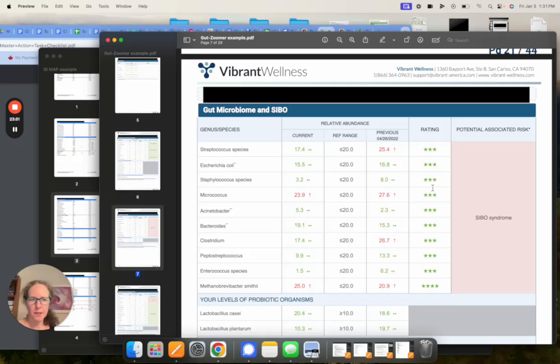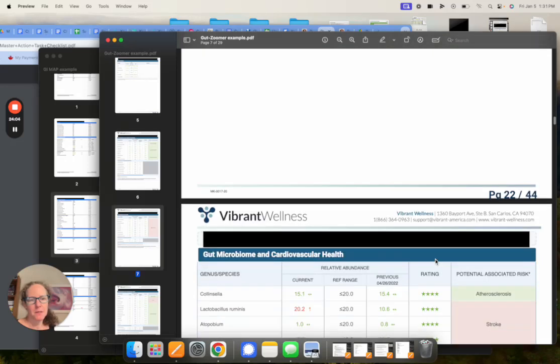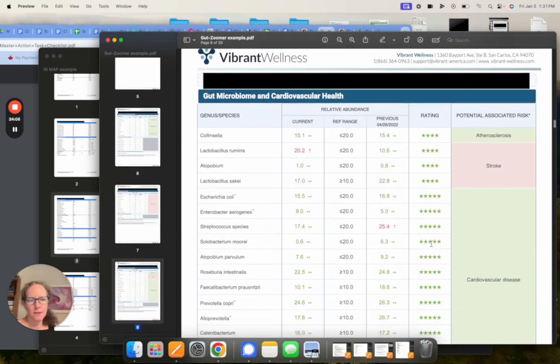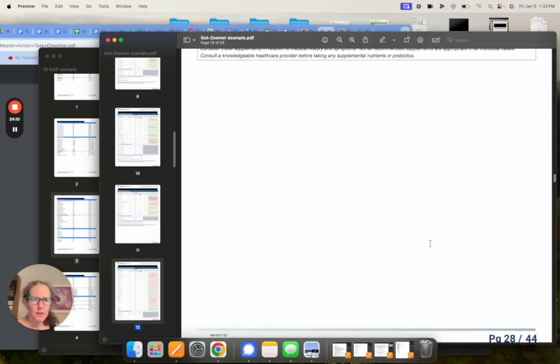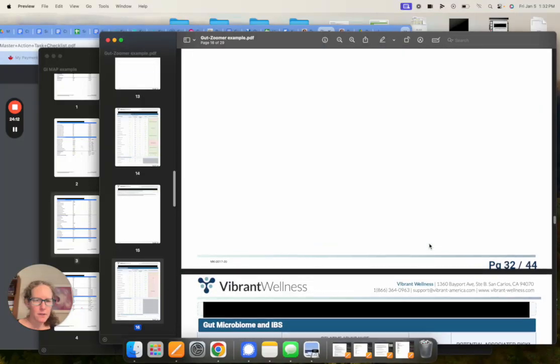And it gives us a little bit of a rating as to how robust. Sometimes it's like, yeah, there's like 2 stars. The research is not super robust, but there is an association with a potential associated risk. And sometimes it's more robust. So that's kind of nice. Yeah, here are some 5 stars. So for those of you who really like research, this is a nice test for that.